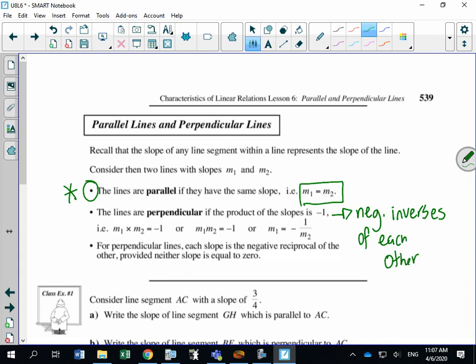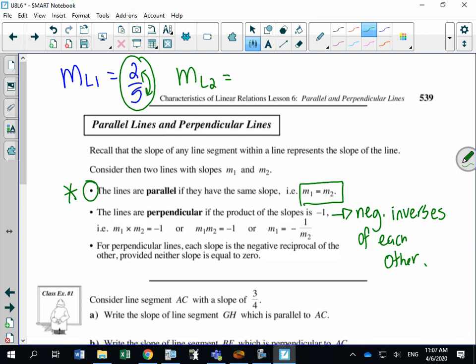Okay, so what does that mean, negative inverses of each other? Let's say I gave you that the slope of line 1 was 2/5. And then I said, what would a perpendicular slope to this be? Well, if it's perpendicular, you need to take the inverse of 2/5. The inverse is just essentially the reciprocal, or flip this.